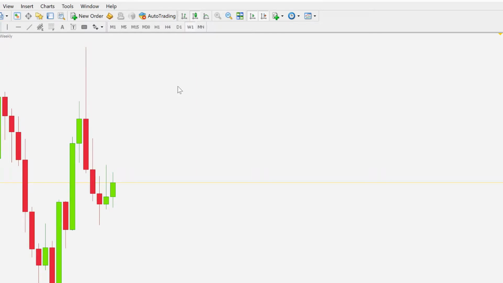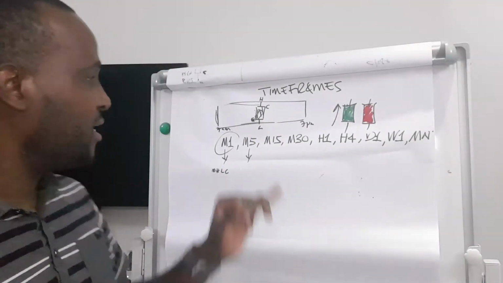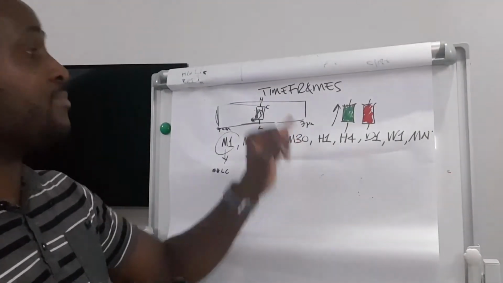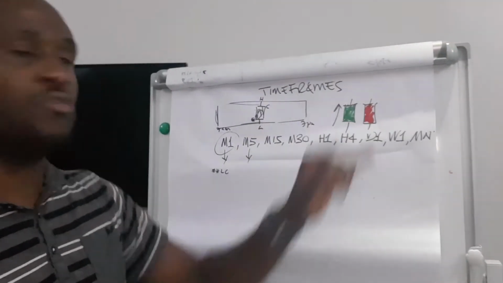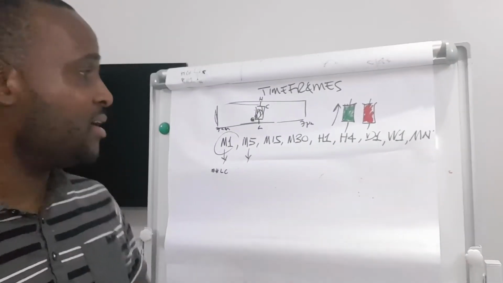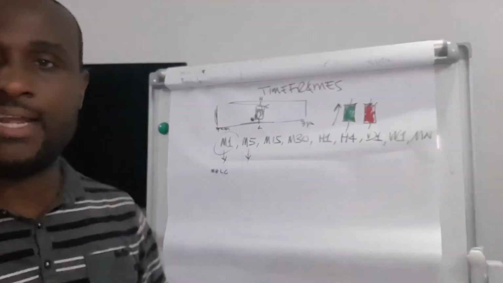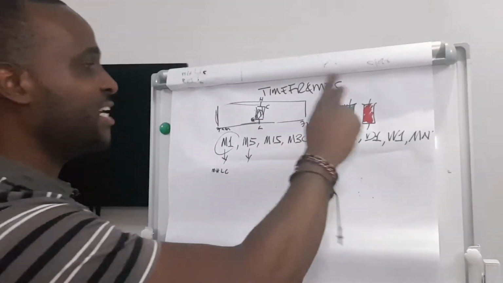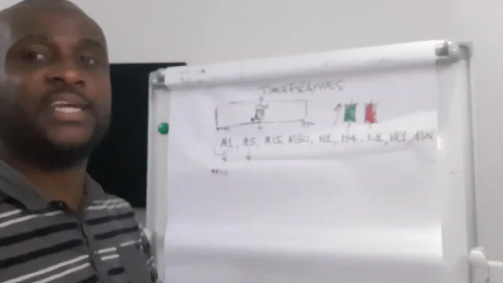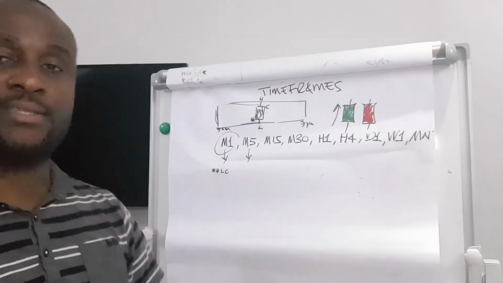In a 5 minute candle, we know that it opened and closed in 5 minutes. In a 30-minute time frame, we know that candle opened and closed in a 30-minute period. Same if it was a daily time frame, each of the candles opened and closed within a 24-hour, 1 day time period, same as the month.